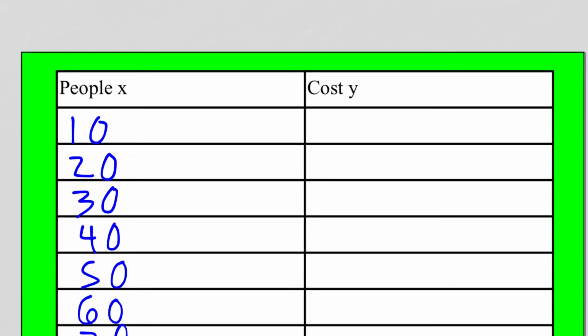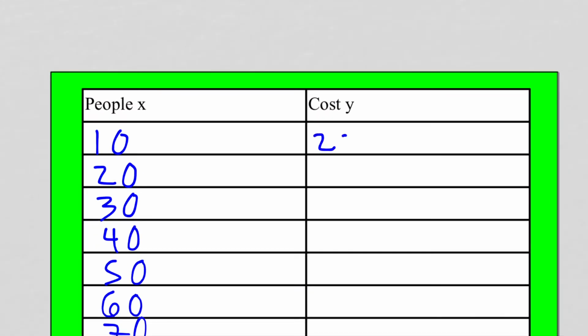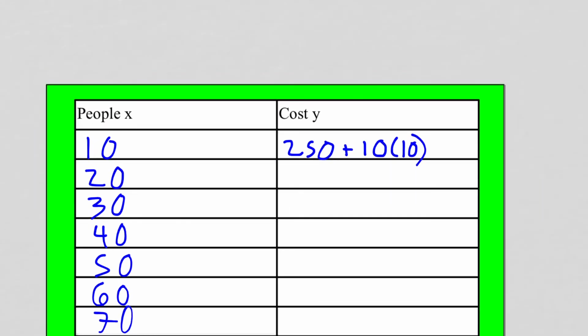And the cost would be $250 plus $10 per person times the number of people, which is 10. 10 times 10 is 100 plus 250. That would work out to 350.